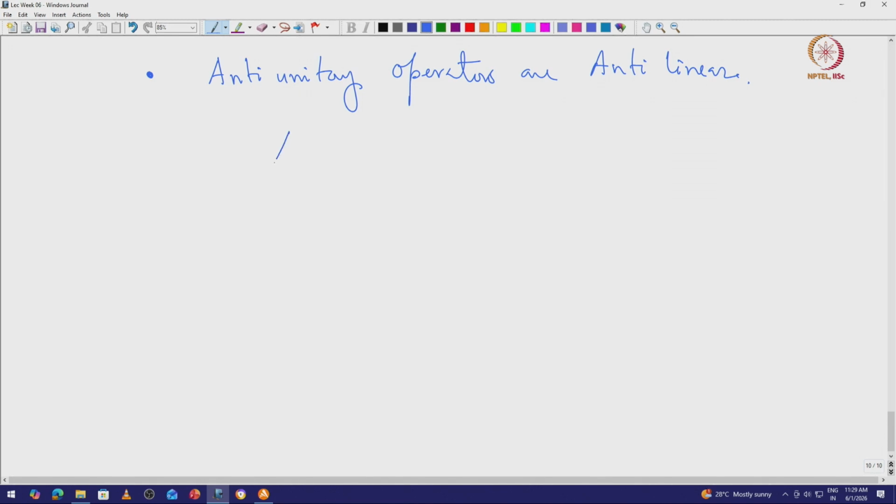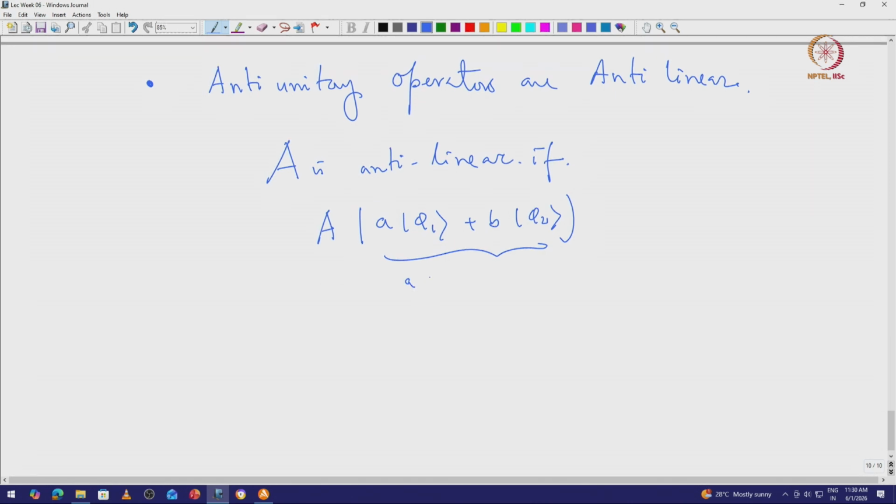So, what is an antilinear operator? A is antilinear if A acting on a state expanded in terms of the basis, with a and b being complex numbers.